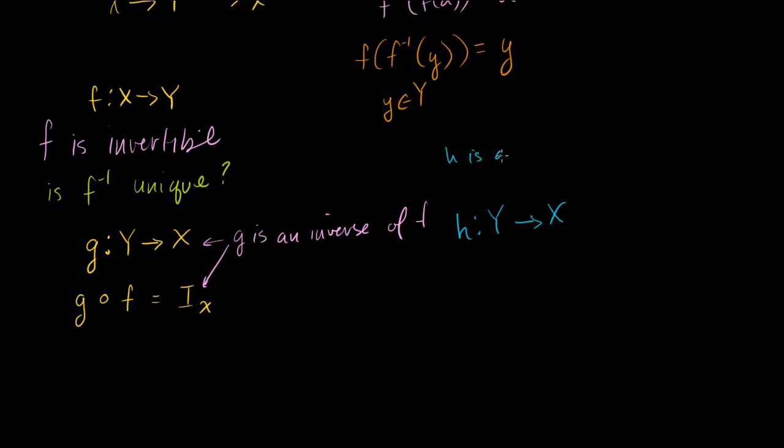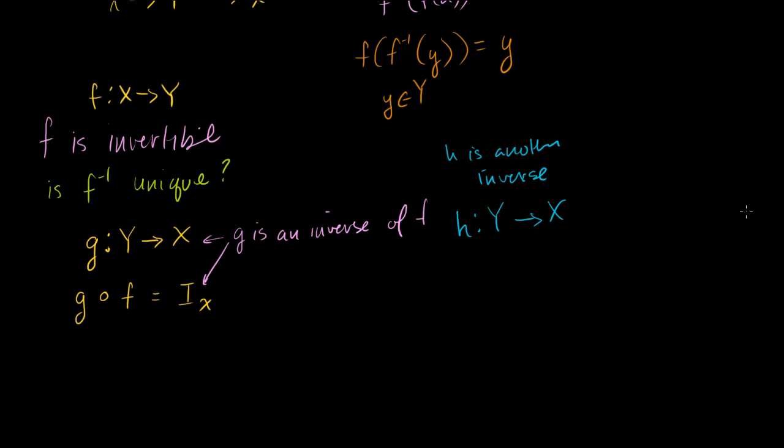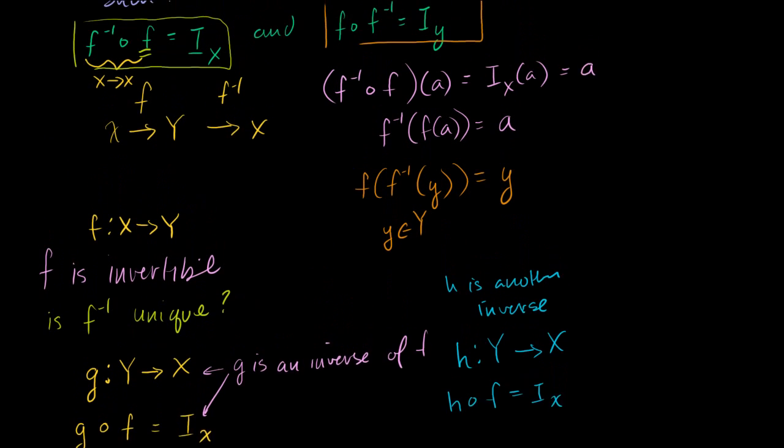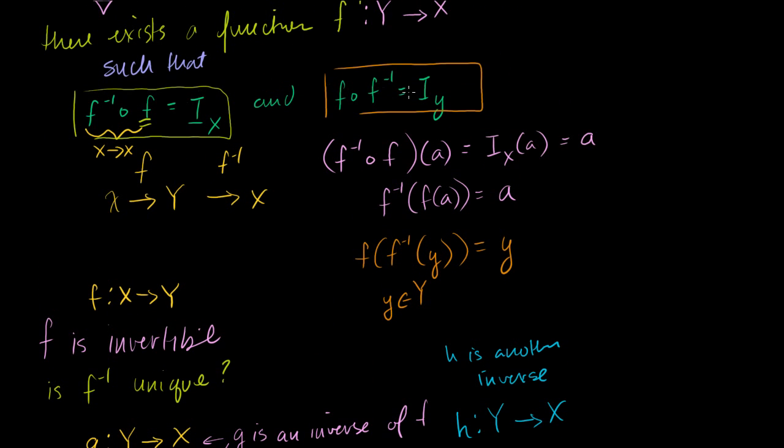By definition, h has to satisfy two requirements. It has to be a mapping from y to x. And if I take the composition of h with f, I have to get the identity function on the set x. Now, that wasn't just part of the definition; it implies even more than that. If something is an inverse, it has to satisfy both of these. The composition of the inverse with the function has to become the identity function on x.